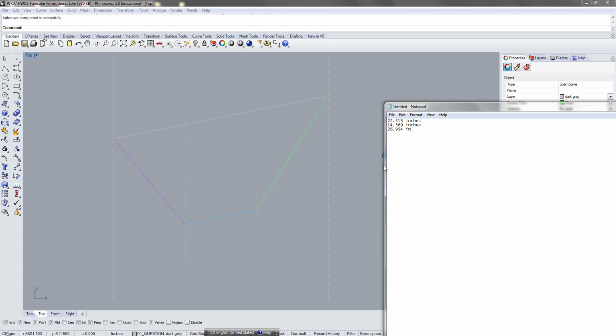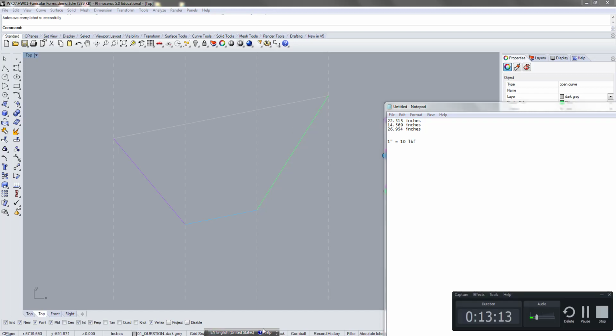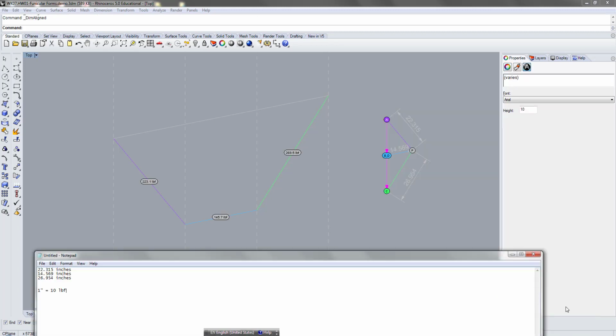Based on these inches and applying the force scale, 1 inch equals 10 pound force. So by getting the lengths of these lines in the force diagram and applying the force scale of 1 inch equal to 10 pound force, that's the internal force that we get here.